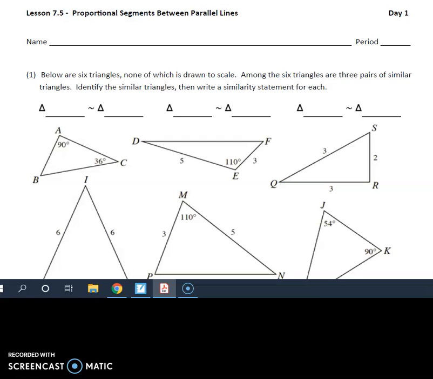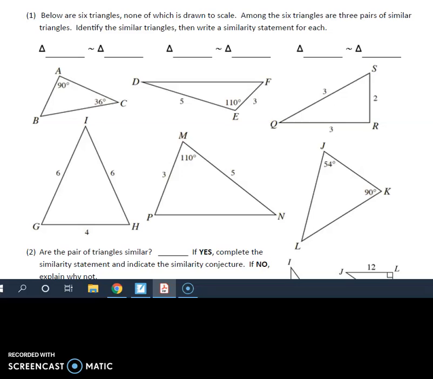The first thing we did on Monday was try to figure out which pairs went together in terms of corresponding pieces to determine similar triangles. If you were not here, we paired up triangle ABC with the triangle at the bottom, JKL. They both share the right angle.